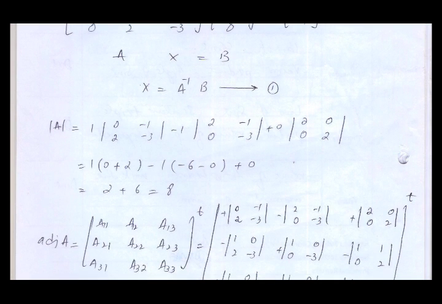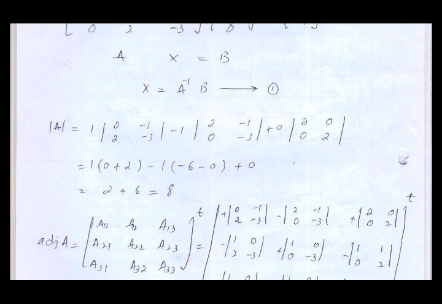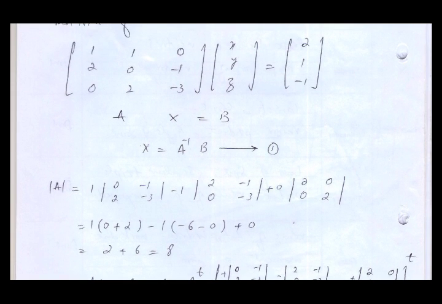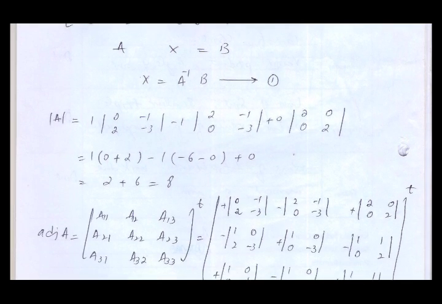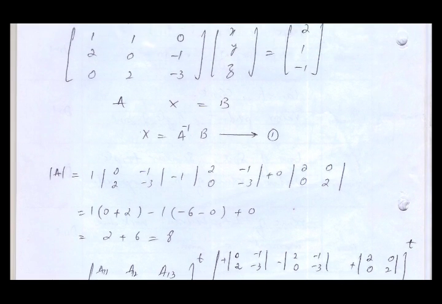For A12 we drop the first row and second column, and the values are 2, 0, minus 1 and minus 3. For A13 we drop the first row and third column, and the values are 2, 0 and 0, 2.